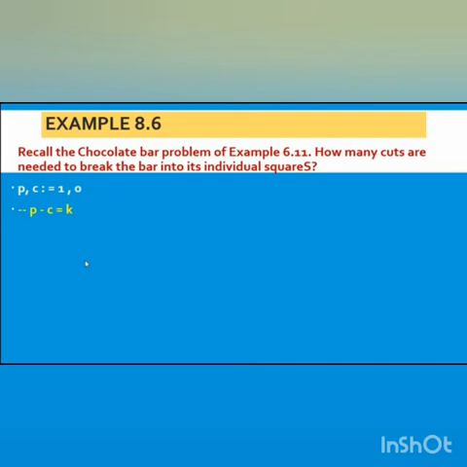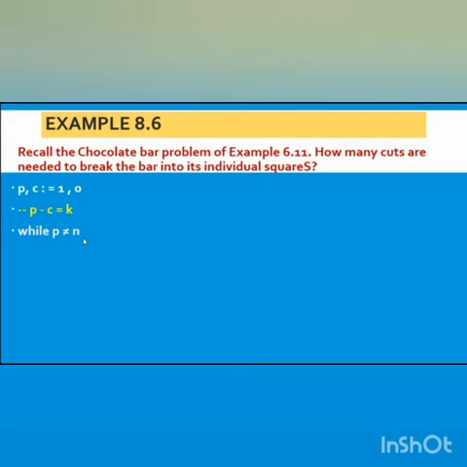Now the loop begins. While p is not equal to n. For example, if I need 5 pieces, the value of n is 5. This process will continue till I get 5 pieces. Now the value of p is 1 and the value of n is 5. So 1 is not equal to 5.